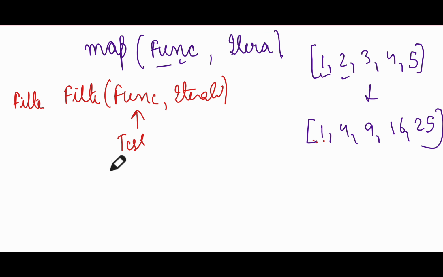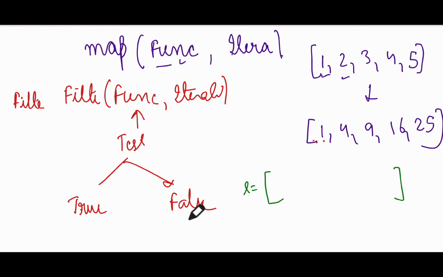It can either result in a true or in a false. So those elements of the iterable which result in true are filtered through and stored in a new list, that is L. The things that do not satisfy the condition are filtered out. So that is the objective of filter.